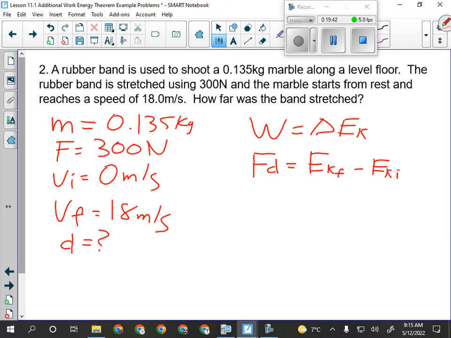What's my initial kinetic energy? 0, starts from rest, so I don't even need to have that part on there right now. So then I can expand to this. FD equals 1/2 mass times speed final squared. Right? I have all of those numbers except for d. So how do I get d by itself?